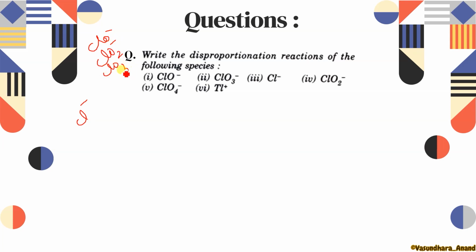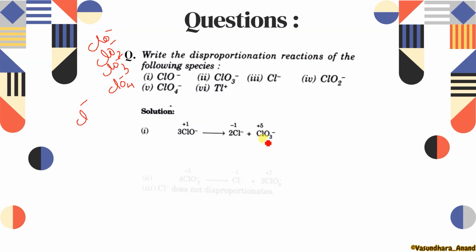For chlorine I'm telling you, yes, because you know that chlorine can show -1 to +7 oxidation state. So any compound you can make like this. Yes. So if it is ClO minus, obviously the reduced product will be Cl minus, and the oxidized product you can write out of any of these, so among these three you could write anything.